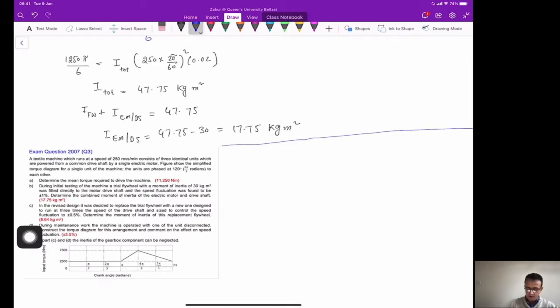Okay, so now you have a new design in this case. You have this motor here. This is part C. The motor is now connected to the flywheel using some sort of gears here.